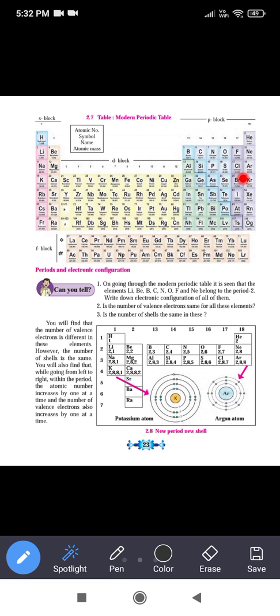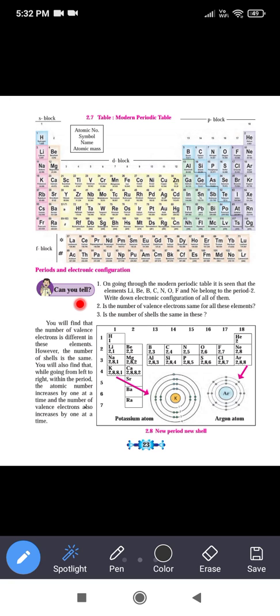Now see the elements from group number 3 to group number 12. These groups are called the transition elements and d block elements, and the elements present at the bottom of the periodic table are called the f block elements.